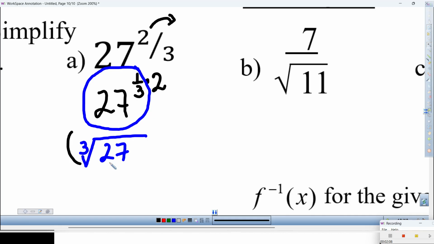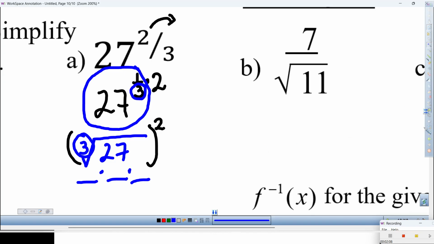Parentheses, bring down the exponent of what? Very good question. Where do I get this 3 from? From here, the denominator. So my exponent here outside is a 2. This 3 is known as the index, and it says, what number times itself how many times? 3 times. What number times itself 3 times gives me 27?